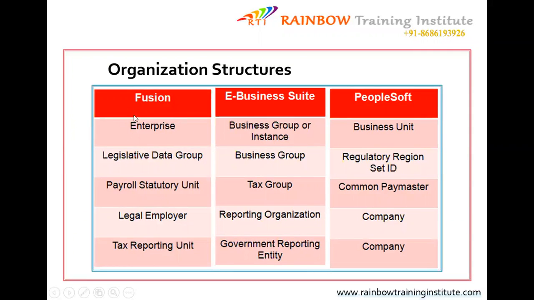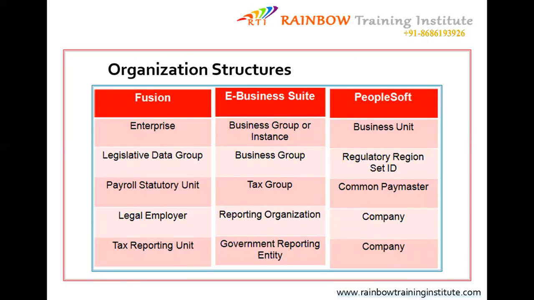The enterprise takes care of the very high-level ultimate holding company details, and the legislative data group takes care of the local legislative-specific things for whichever country you are creating the legislative data group. Similarly in PeopleSoft, the ultimate holding company is created as a business unit, and the legislative-specific things are created as a regulatory region set ID or something like that.